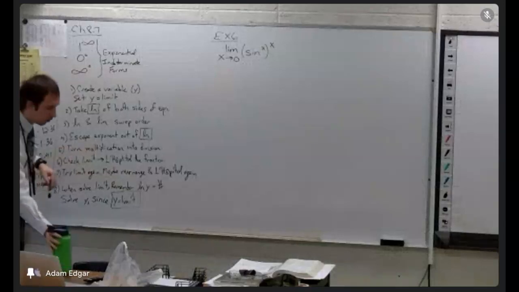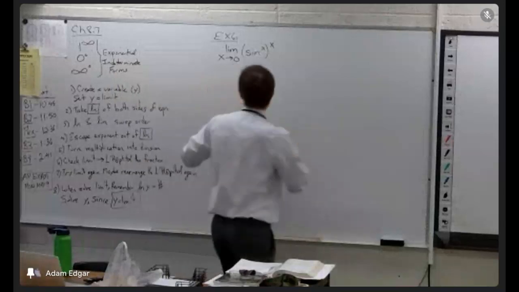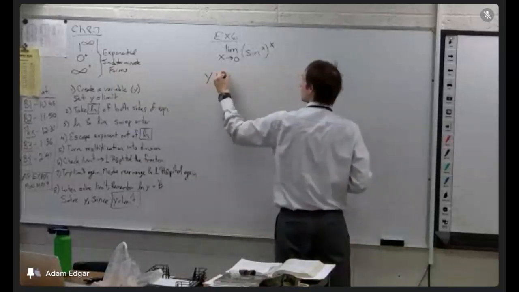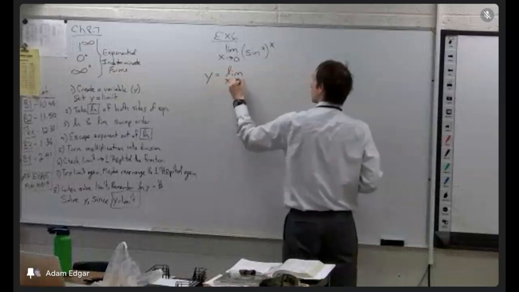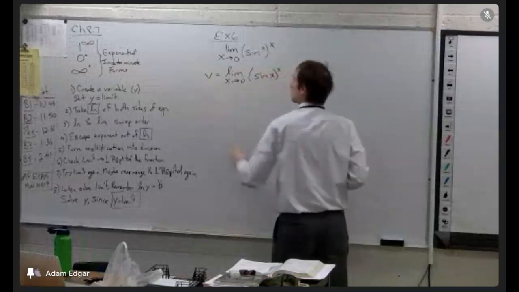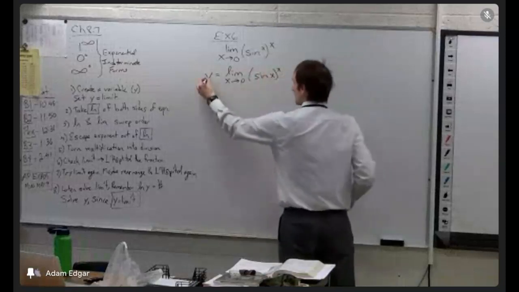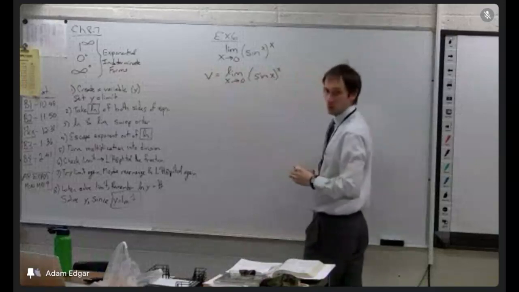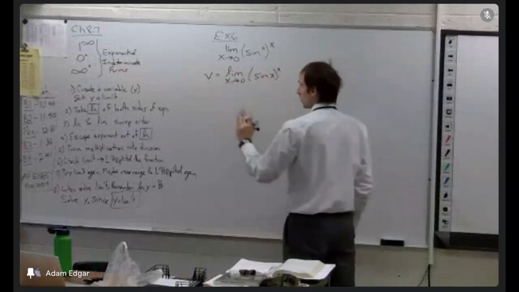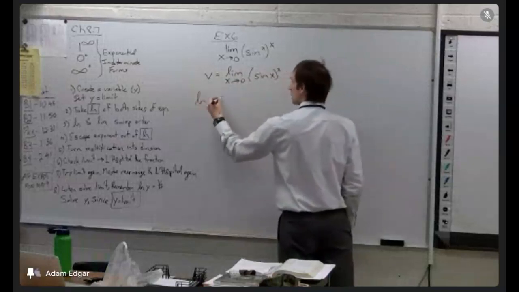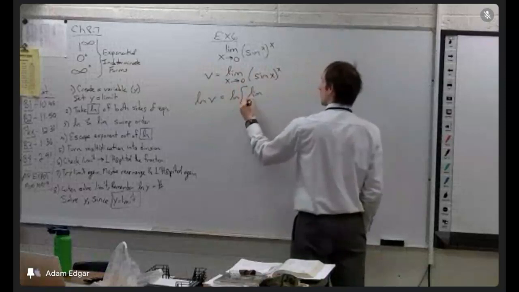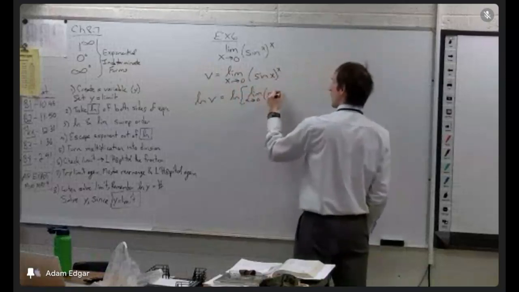So the first part of this was fine, where we say we're going to let y equal this limit. We called it v, okay? And that's when we got to v prime over v, that's where it's no. So cross that out. So then we take the natural log of v, and we took the natural log of the limit, and that was fine. Because whatever you do on one side of any equation, you can do to the other side.